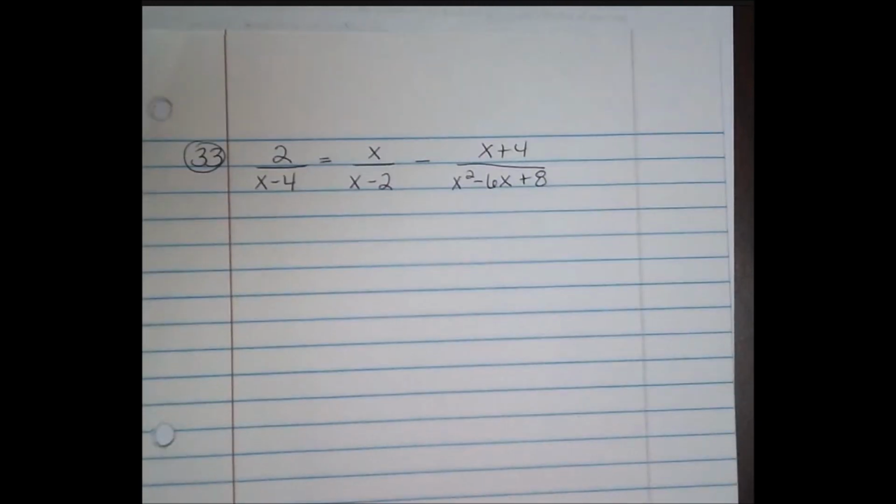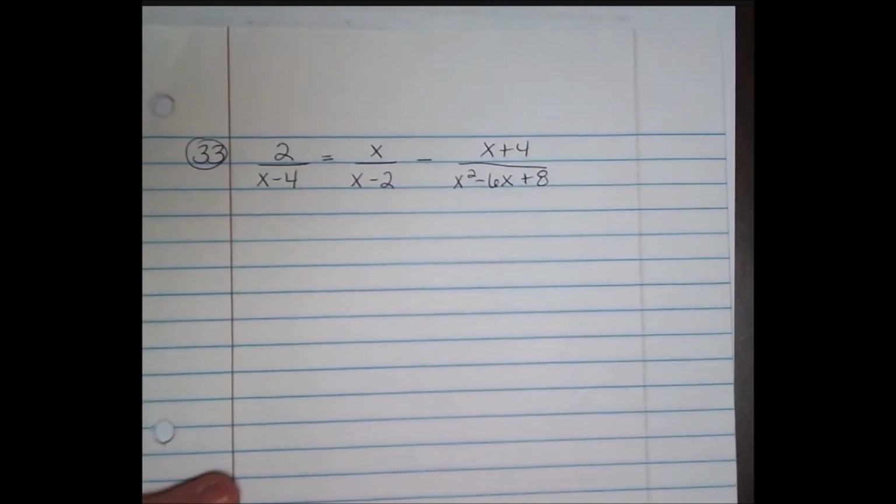We have 2 over x minus 4 equals x over x minus 2 minus x plus 4 over x squared minus 6x plus 8. Okay, so we know by now we need to factor this denominator here.